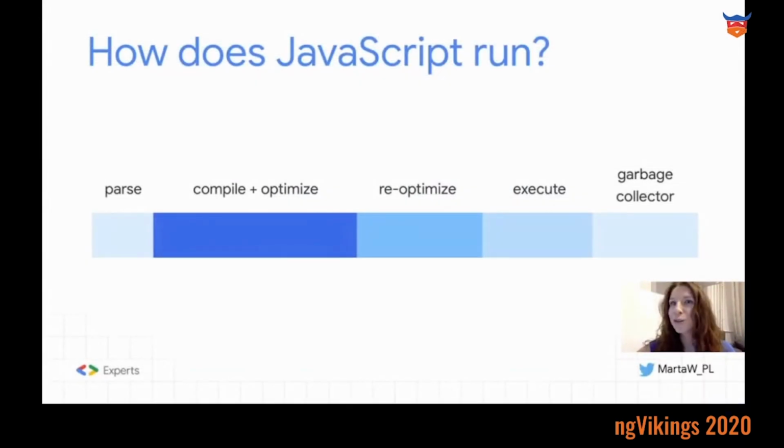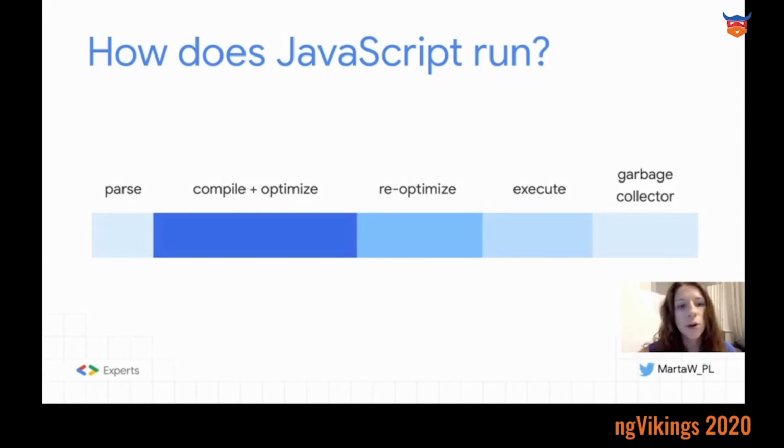JavaScript is slow. And here you can see the processes of running JavaScript in a browser. At the beginning, we have parsing. This is the time it takes to process the source code into something that the interpreter can run. The next phase is compiling and optimizing, where we use the baseline compiler and the optimizing compiler.